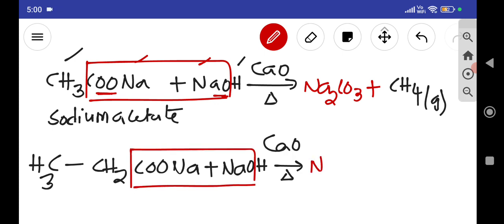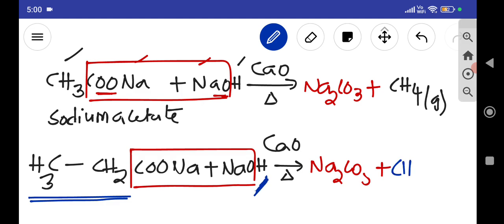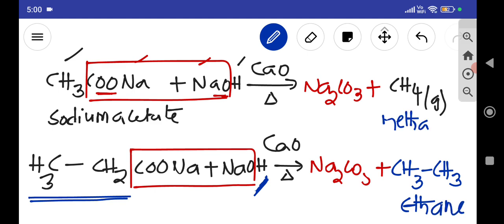Apart from Na2CO3, you got CH3CH2 and one hydrogen is present, so we can write it as CH3CH3. So we have ethane, and in the first reaction we got methane. So if you take sodium acetate, product is methane, right? Are you able to understand? Hope you have got this first decarboxylation reaction.